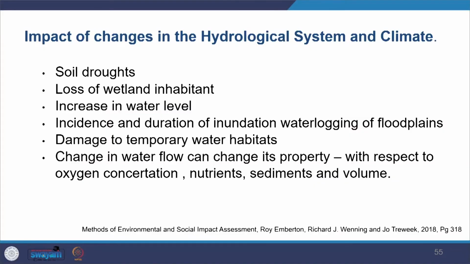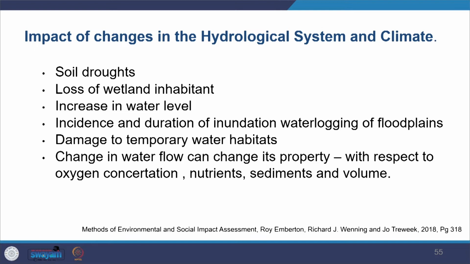And then you also see the changes in the hydrological system and climate can also impact. So there you can see soil droughts, then you can also see loss of wetland inhabitants. You also notice that there is also impact of increase in the water level.